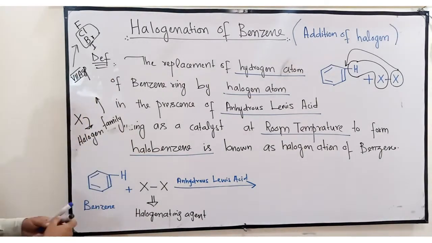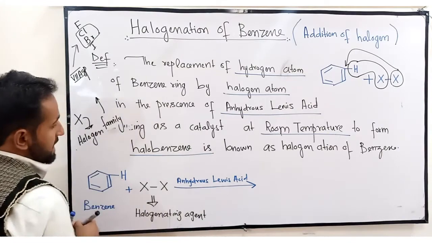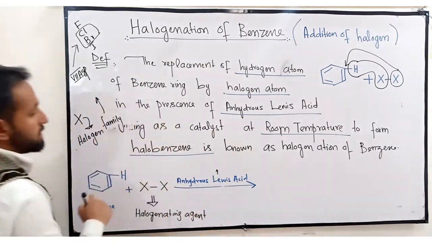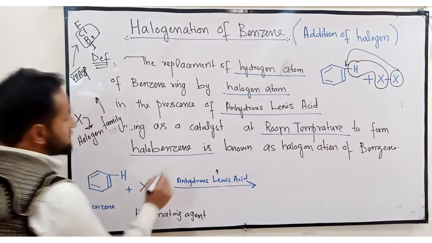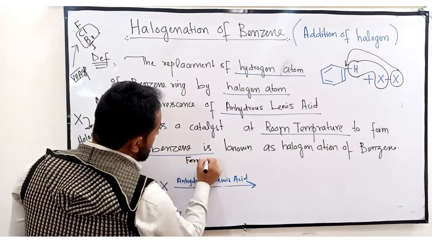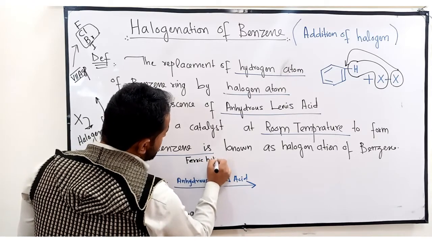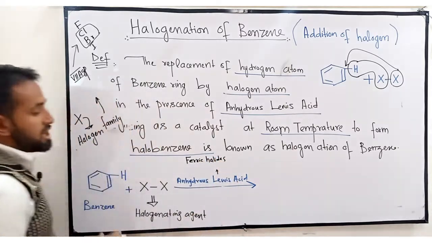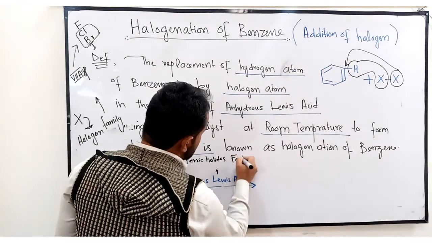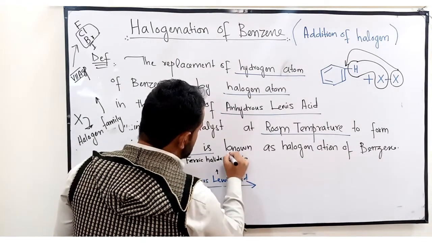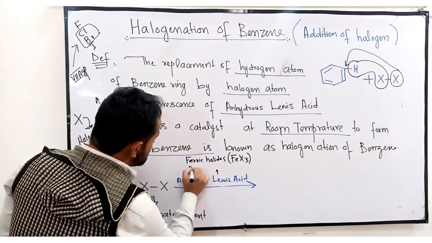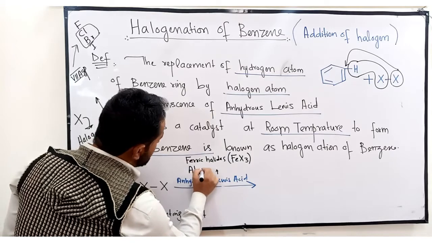Understand, everyone? Now, the Lewis acids that we can use in these reactions, as I told in my previous lecture too, are mostly ferric halides. Ferric halides are Lewis acids. The general representation is FeX3. These are ferric halides. Similarly, we can also use aluminium halides.